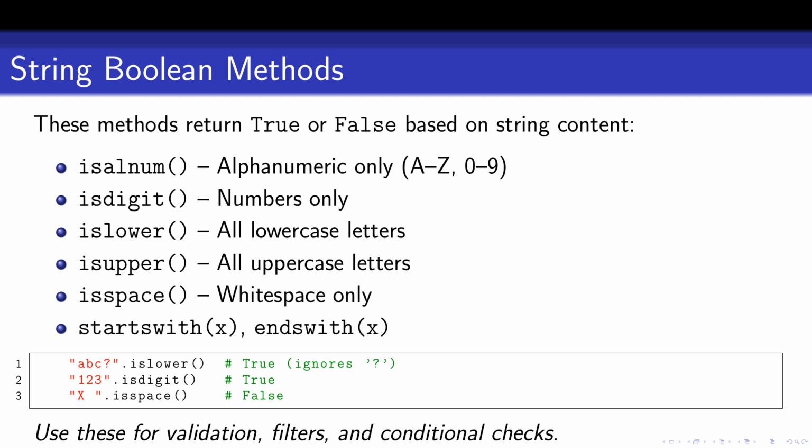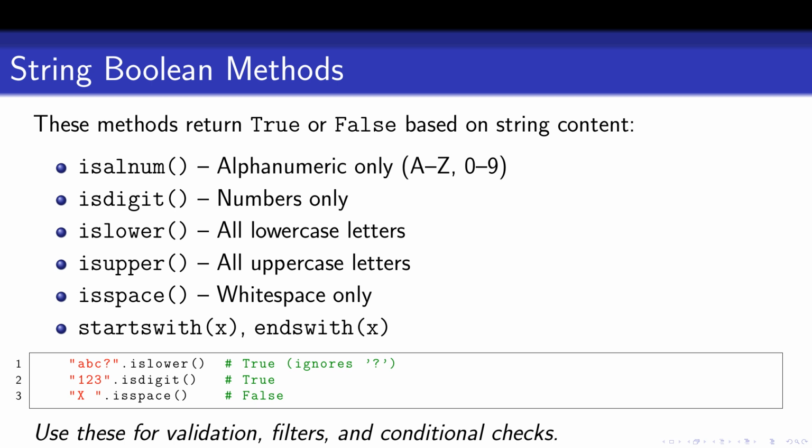Python includes several Boolean string methods that return true or false, depending on the content of the string. For instance, isalnum() checks if the string contains only letters and digits, while isdigit() confirms that it contains only numeric characters. Other useful methods include islower(), isupper(), and isspace(), each testing for specific character types or patterns.